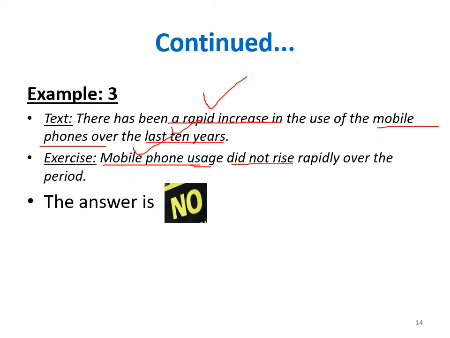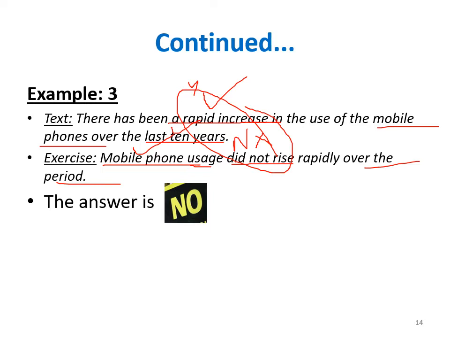So these two are contradictory. They oppose each other. Rapidly over the period, a period is not specified, but the main thing is that these two things contradict each other. In simple terms, one says yes, one says no. So this answer is no. Do you understand that now?